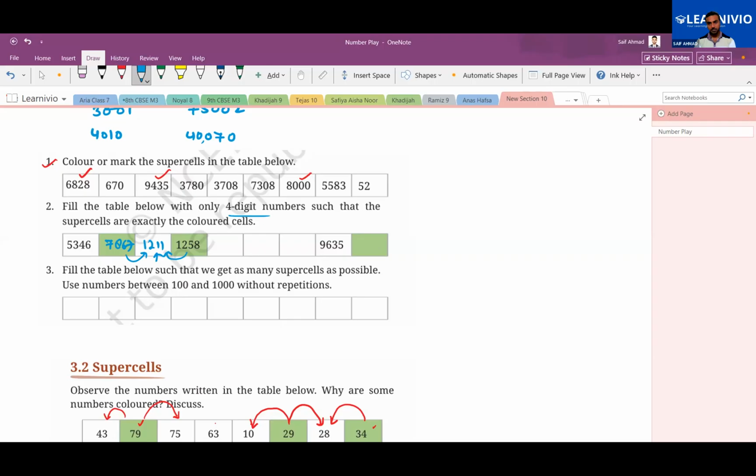The fifth one, 678. Sixth one, 9,000, 9691.